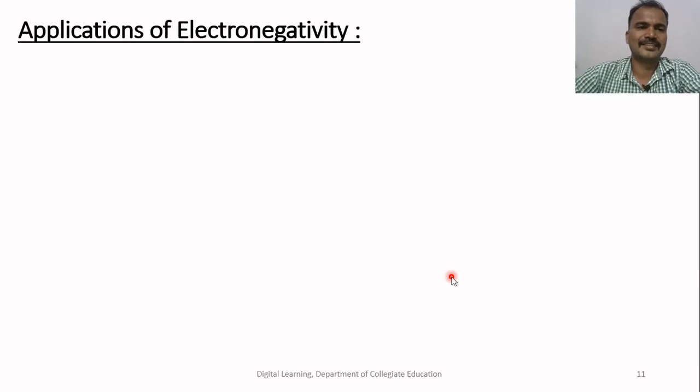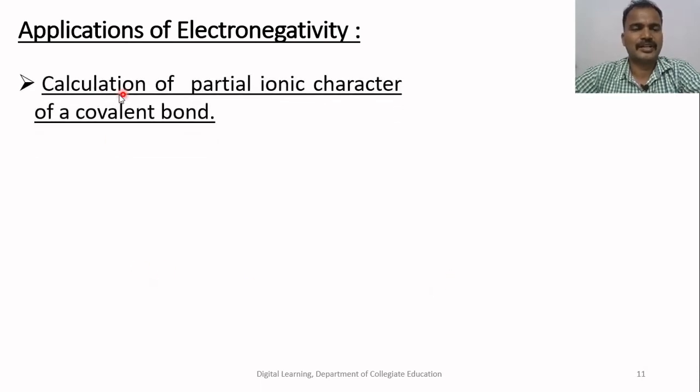Now let me consider the applications of electronegativity. The first one is calculation of partial ionic character of a covalent bond. The development of ionic character in a covalent bond is due to the difference in electronegativities of the bonded atoms. Greater the value of electronegativity difference, greater would be the ionic character of a covalent bond.